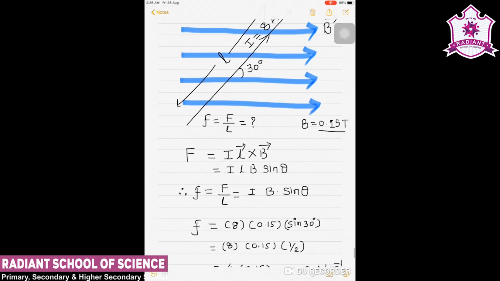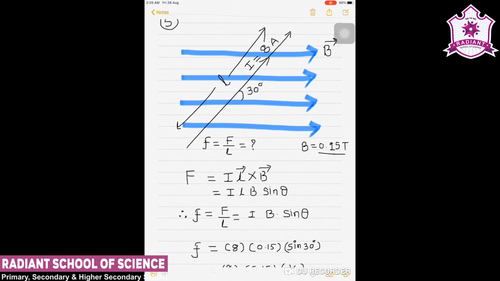I am again repeating the question. We are given a uniform magnetic field and one wire of 8 ampere aligned at 30 degree with this uniform magnetic field.